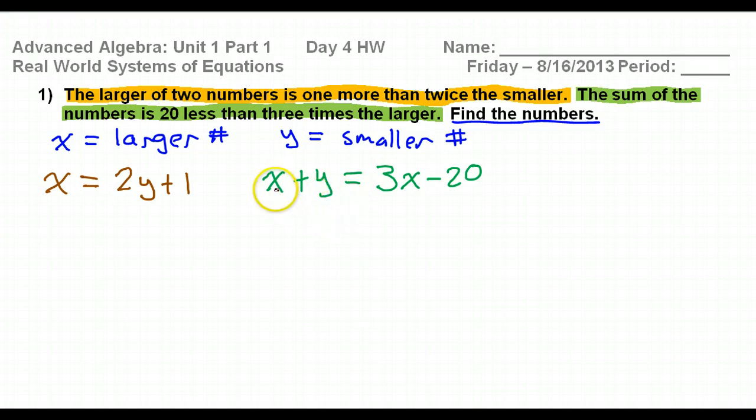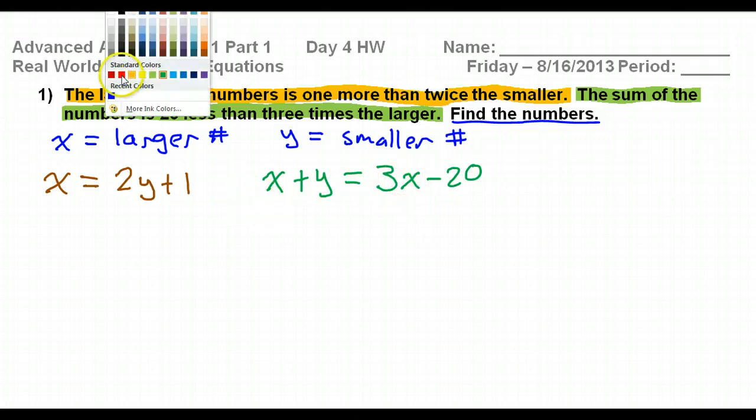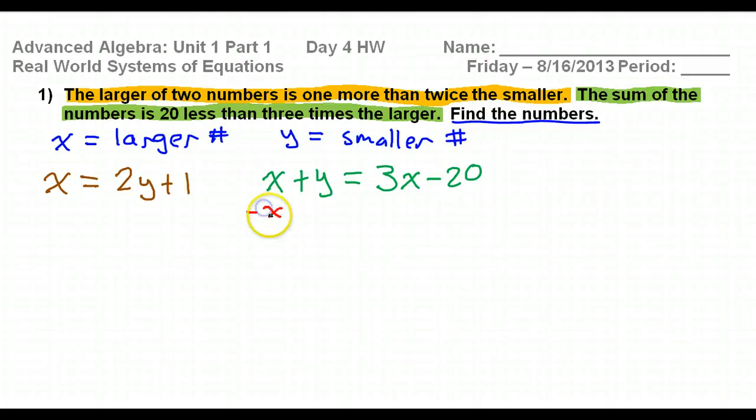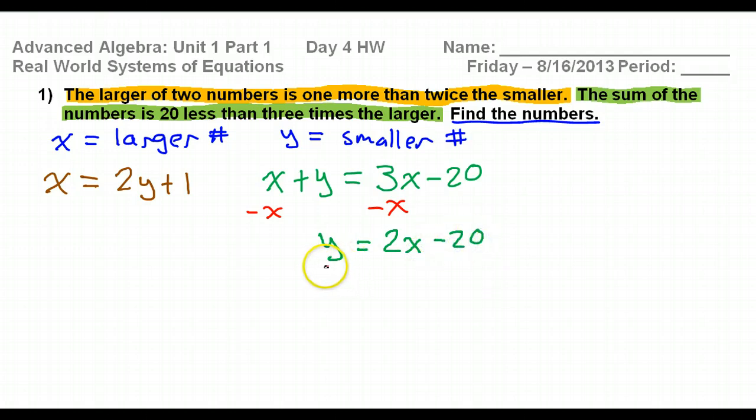So I can either get rid of this x or the 3x. Me personally, I'm going to choose to subtract x from both sides right now. Okay, so that's going to give me y equals 2x minus 20. Now these are the two equations I have to work with, this or this.